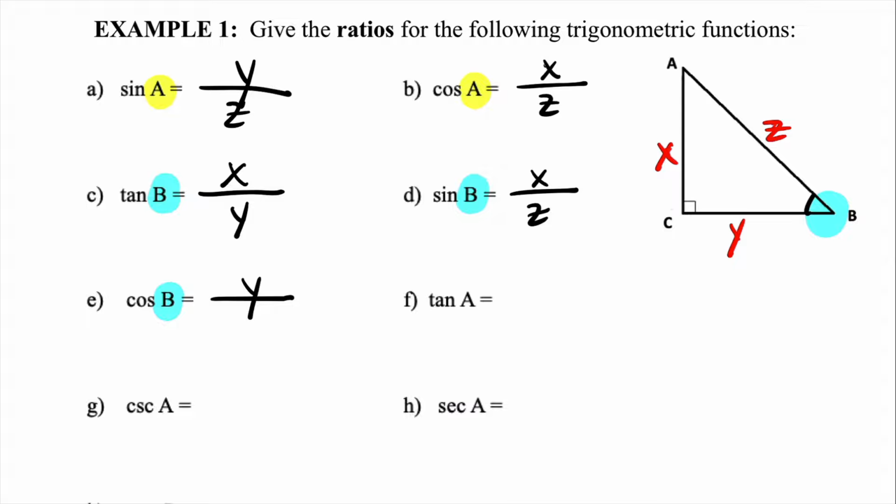If I'm down here, this one will always be adjacent. If I'm up here, this one will always be adjacent. The two legs. Every time. So now the bottom of cosine is hypotenuse, which is Z, right?